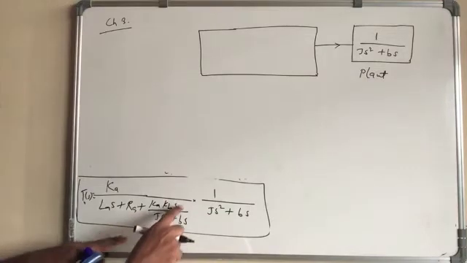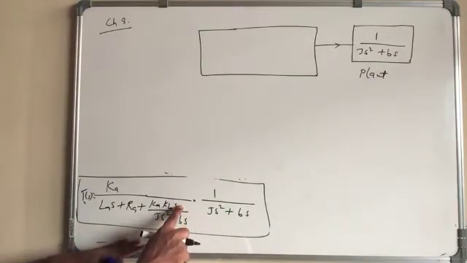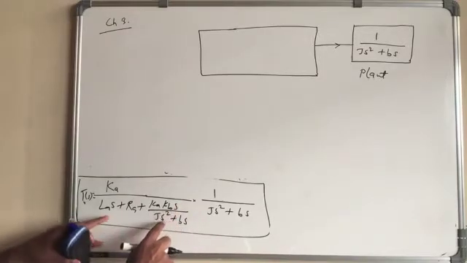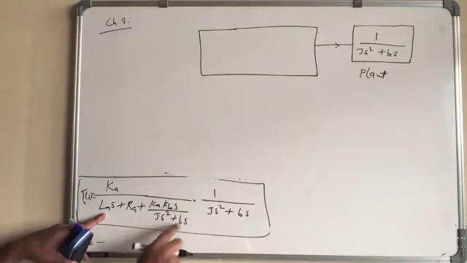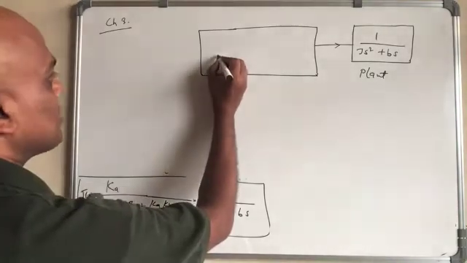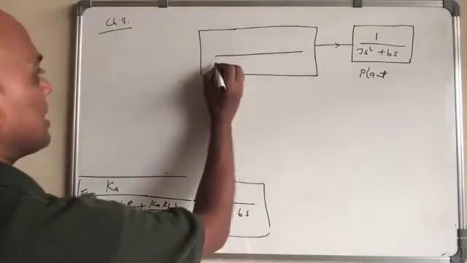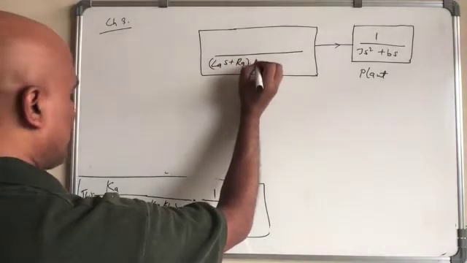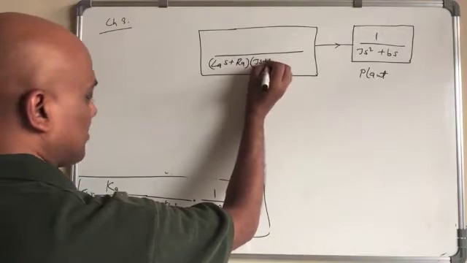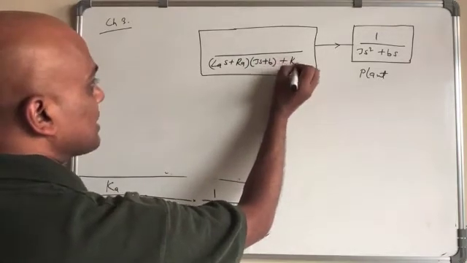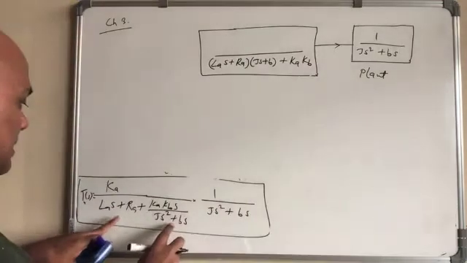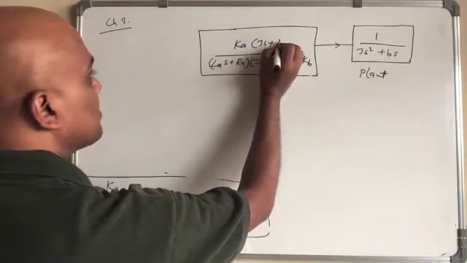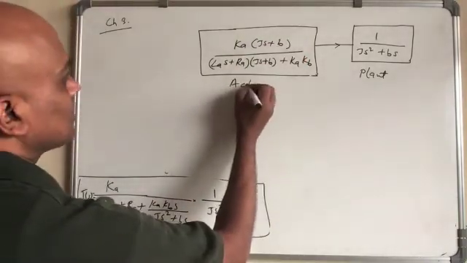We have S here and JS square here, so S cancels out. We get KA divided by LAS plus RA multiplied by JS plus B plus KA times KB. This is the actuator.